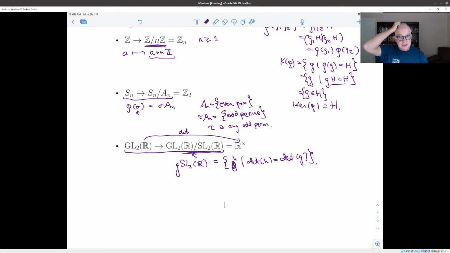And so the cosets GL2R mod SL2R correspond to the determinants. And this isomorphism between GL2R mod SL2R and R star is a way of saying that the determinants of 2 by 2 matrices are elements of R star. So it's good to keep these three examples in mind.